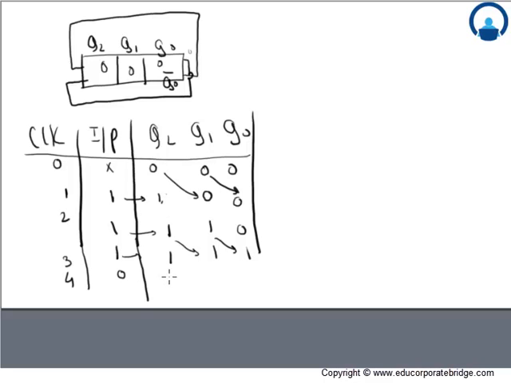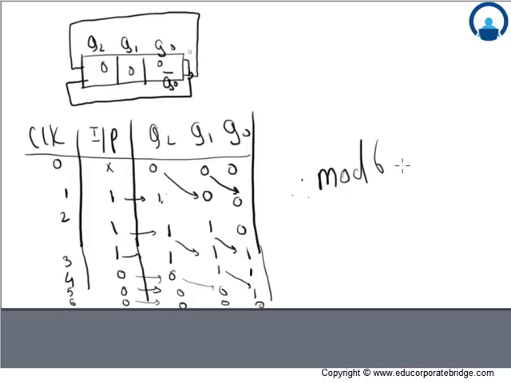Fourth is 0, 1, 1. Fifth will be 0, 0, 1, and the sixth clock pulse will give 0, 0, 0. Therefore the above circuit is a mod 6 counter, as it repeats after 6 counts.